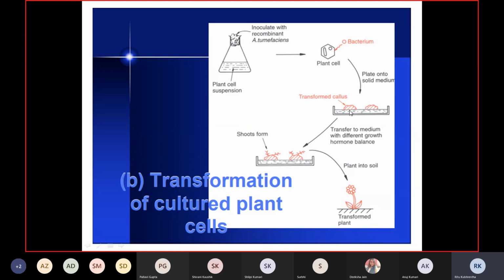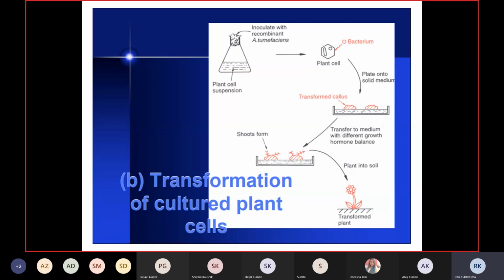It will induce the formation of shoots. So the shoots will be formed, and after some time, what I add is the root inducing media, which is the media which is high in auxin.